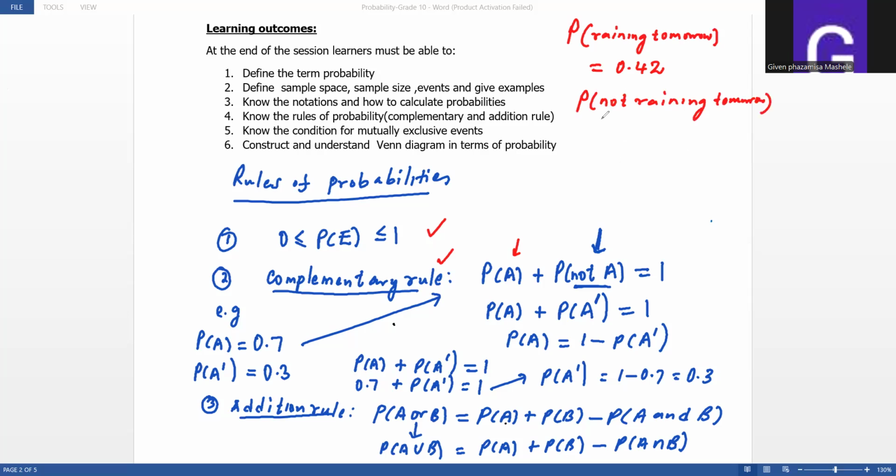This is the complement. If we let raining tomorrow be R, then not raining will be R dash. Remember I said this must add up to 1, so it would be 1 minus 0.42, which gives us a probability of 0.58. Raining and not raining should add up to 1. These are called complementary rules.